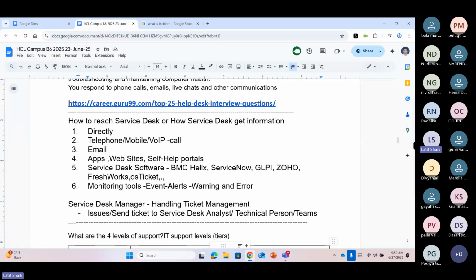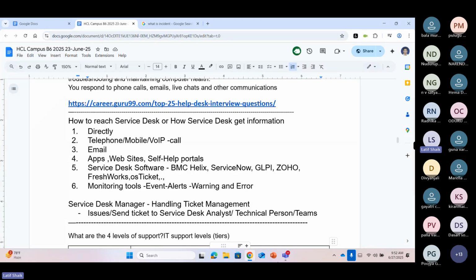But at the backend, some application is required for managing service desk and service desk events, tickets, and other kinds of stuff also, right? So what are the common softwares? BMC Helix, ITSM, ServiceNow, GLPI, Zoho, Freshworks, Voice Ticket, like this.